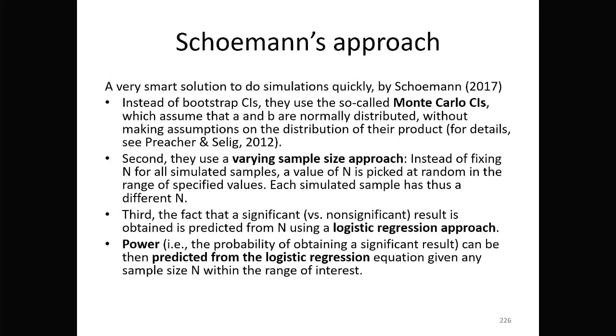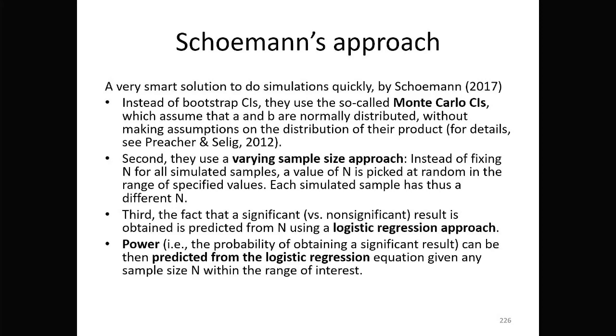It then uses a Monte Carlo simulation for those two separately, and then multiplies them. This essentially is a cousin of bootstrapping, but this is quicker. What it does is it simulates normally distributed data from the coefficient A and the coefficient B, and then it combines them. And this makes all the simulation much quicker.